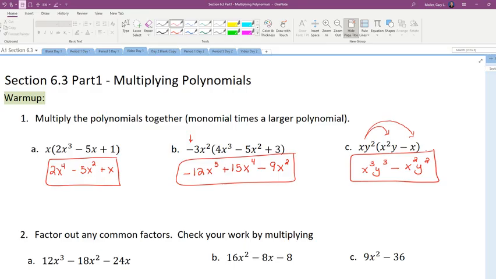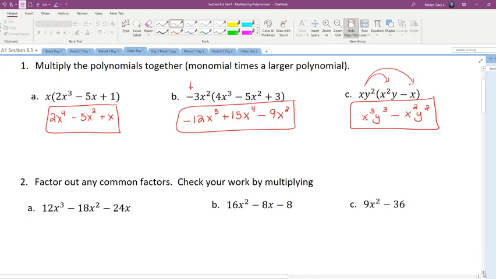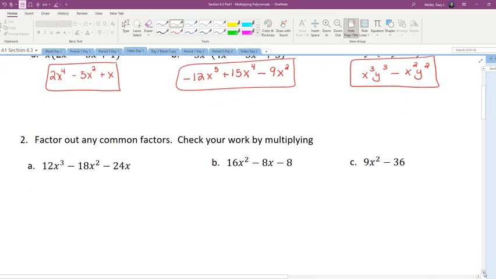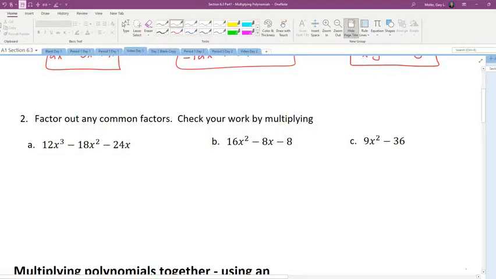Okay, now let's review what we did on the last lesson. Let's factor out a common factor. Check by multiplying your work. So in other words, we'll distribute when we're done to see if it's right. All right, so looking at this problem, and I think this was very similar to one of the problems we did on our other lesson, I'm noticing a 6. 6 goes into all three of those, but 12 doesn't, so 6 and x would be my answer.